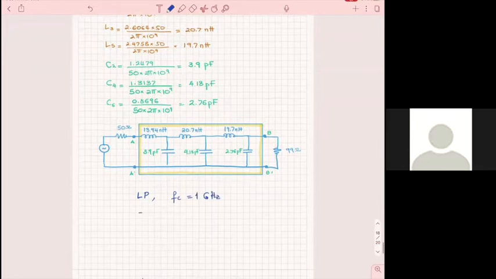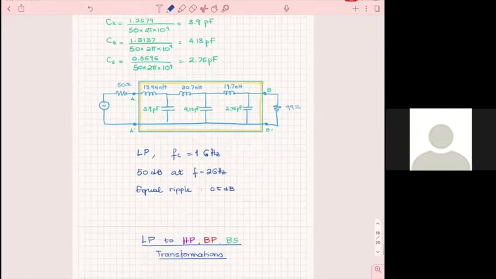It has a 50 dB rejection at 2 gigahertz and has an equal ripple in the pass band, which is 0.5 dB. And the reference impedance, so the source has an impedance which is 50 ohms. Okay, any questions so far?